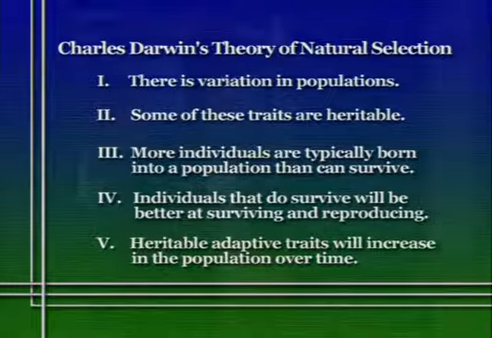Now, there are a couple of additional points I want to make about Darwin's theory of natural selection at this point. The first point is to remind you that natural selection can only act on existing heritable variation. If there's no variation for a particular trait, then selection simply cannot do anything with it. This is why the generation of variation that we've discussed earlier in the context of mutation and genetic recombination is so central to our understanding of evolution.